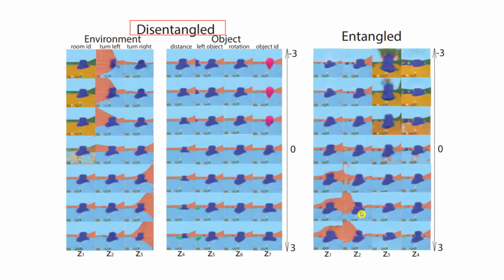So in this case, this one's going to look more fuzzy, and it's not as good as this. So in this case, for example, they specifically target room ID. The background, this is a head, by the way, and the background is going to change dramatically from this blue theme to this green theme, for example.